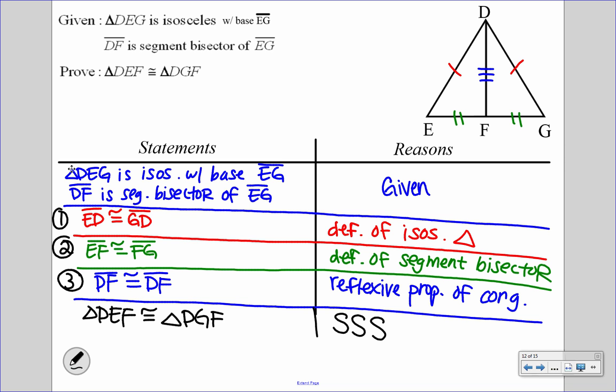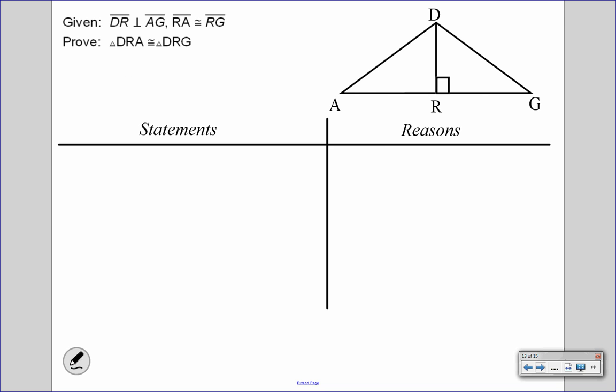Let's look at one more of those. Let's look at another one. Okay, so this one deals with perpendicular lines. So let's write down our given statements. We can say that DR is perpendicular to AG, and that RA is congruent to RG.